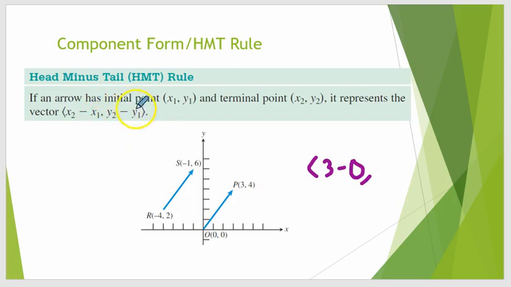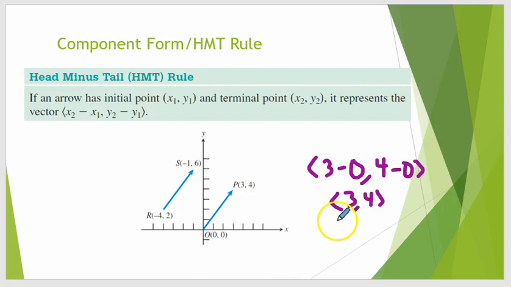So ending minus starting, so 4 minus 0, and then we can simplify this to describe it as the vector 3, 4. So when you are given the ordered pairs for the starting and ending position, you should be able to describe the motion by the vector component form, 3, 4, for example.